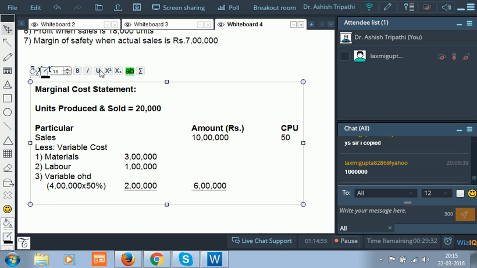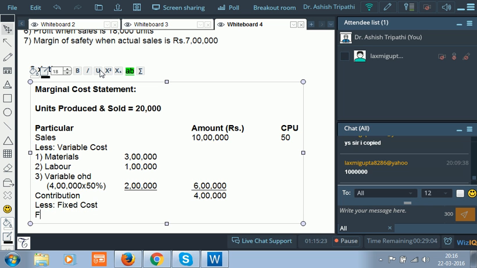Now this 6 lakhs we will subtract from 10 lakh. So we will get contribution. So we are getting contribution as 4 lakhs. From this we will subtract fixed cost.